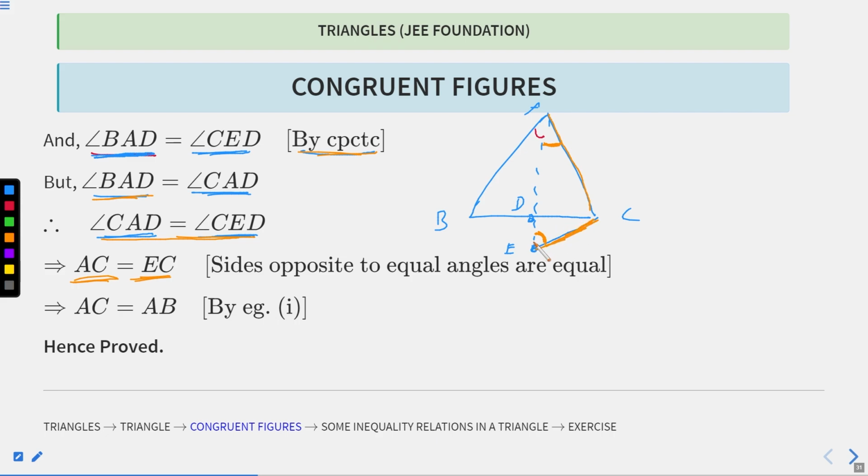Because if you use theorem 1 and theorem 2, you will see that if the angles in a triangle are equal, then the opposite sides must also be equal in length. So AC is equal to EC, and this further implies AC is equal to AB. I hope this is now clear to you.